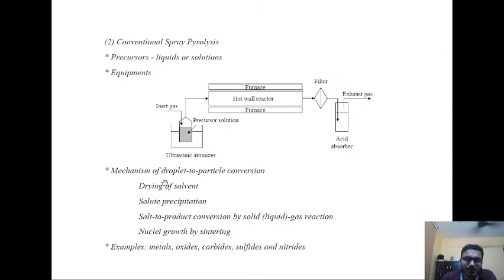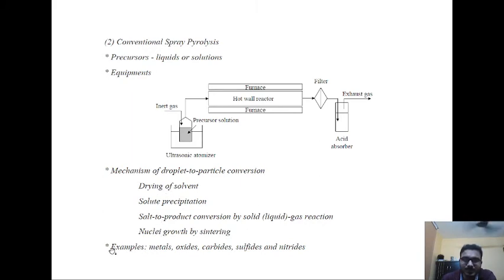The mechanism of droplet to particle conversion is given by drying of solvent, solute precipitation, salt to product conversion by solid, liquid, or gas interaction, and nuclei growth by sintering.